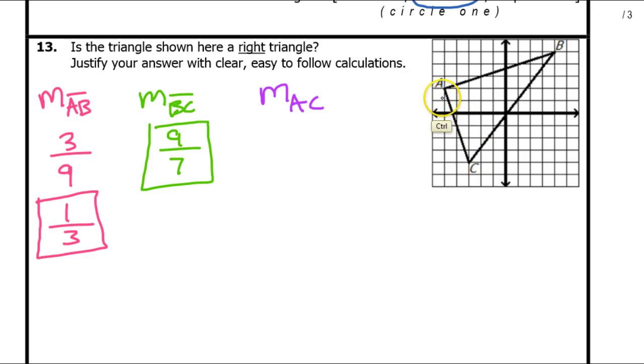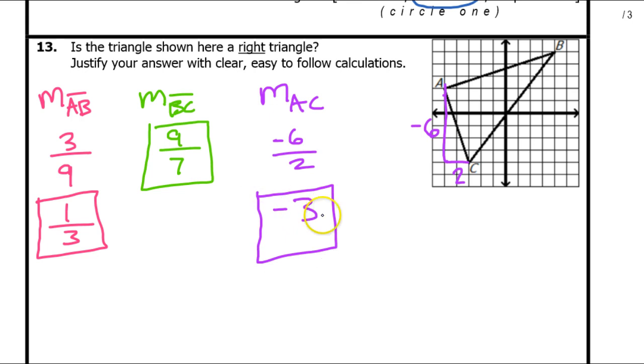So if I want to do the rise and run of AC, the rise, I'm going down, so that is -6, and then the run, I'm going right 2, so that's +2. So rise over run, that is -6 over +2. Now that's going to reduce down to -3.